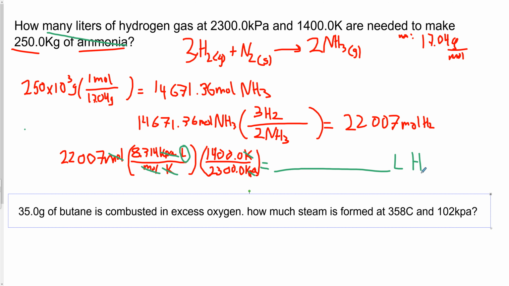So 22,007 times 8.314 times 1400 divided by 2300. And we only have 3 sig digs, which means I have to turn this into scientific notation, because my number is actually 111,370 liters.